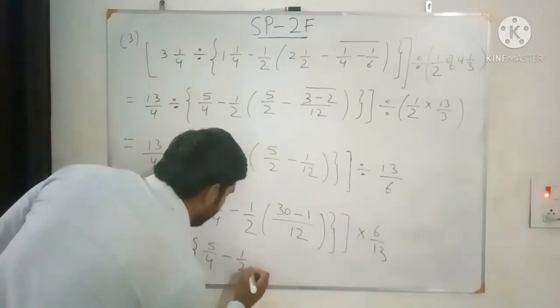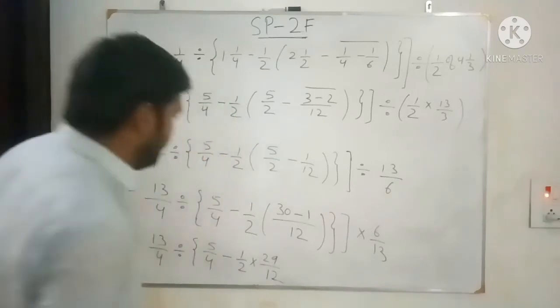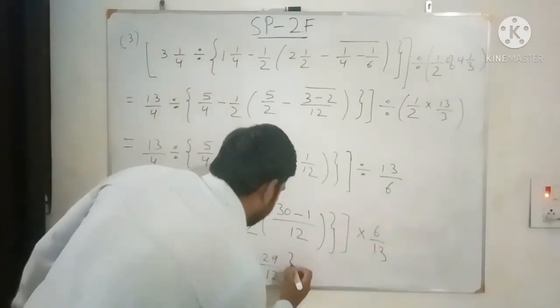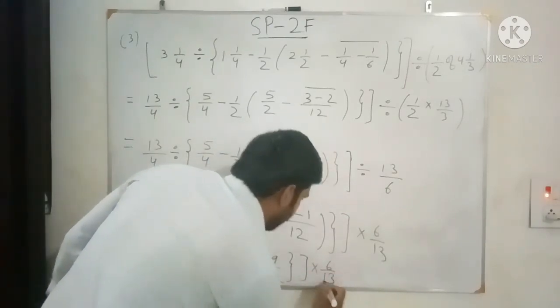Minus 1 by 2 into 29 by 12 into 6 by 13.